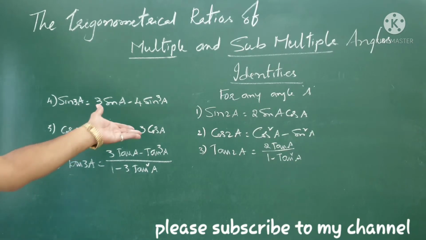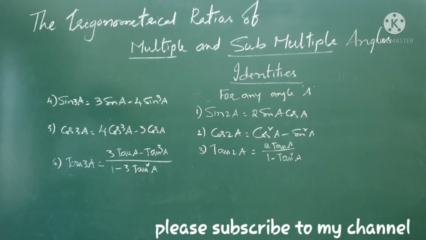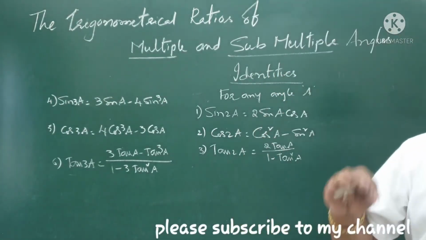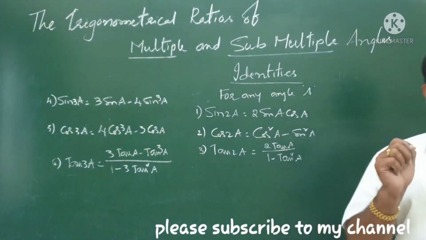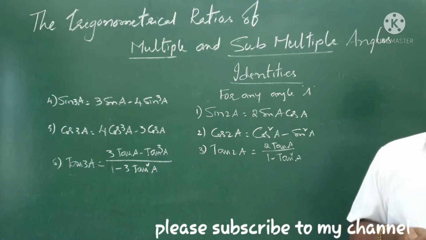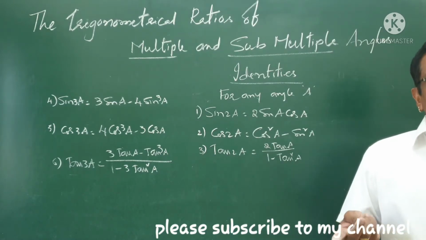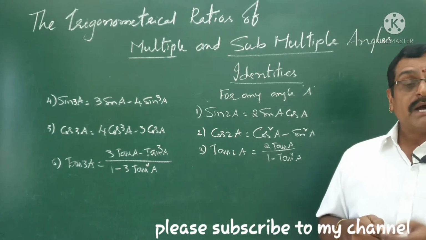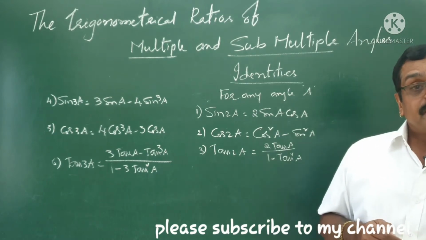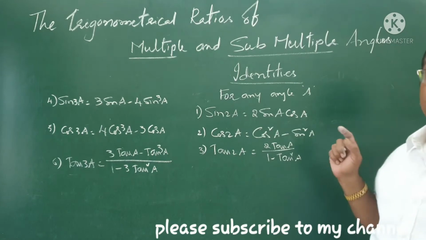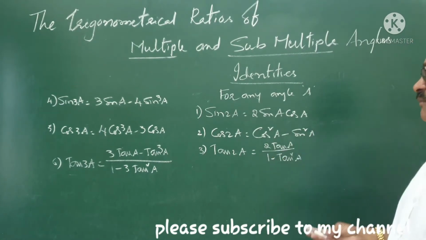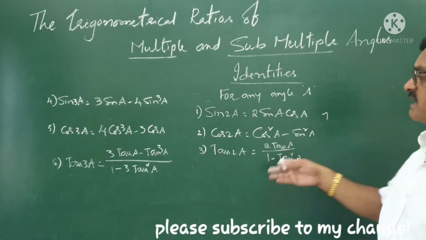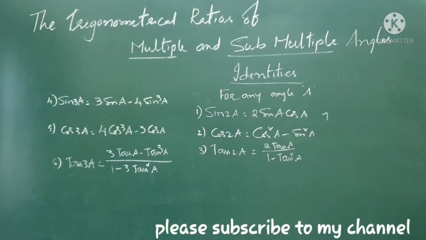Now I am going to prove these identities. There are 2 versions in the proofs of these identities. Number 1, the basic method, board level. Number 2, the actual independent proof. The normal method anyone can give, but here I want to give you the independent proof for all these identities. Of course, I am going to give the independent proof for sin 2A, the rest of them are the normal things.